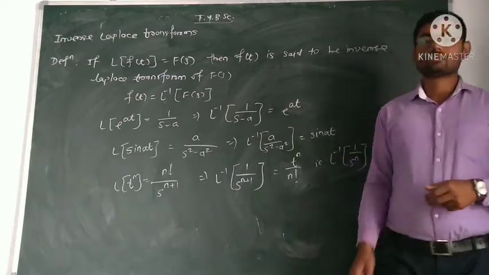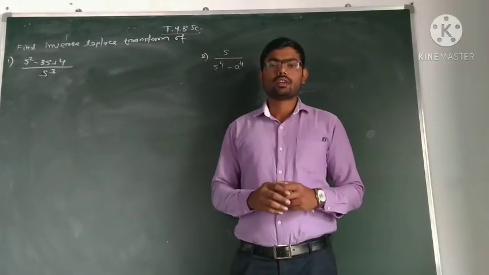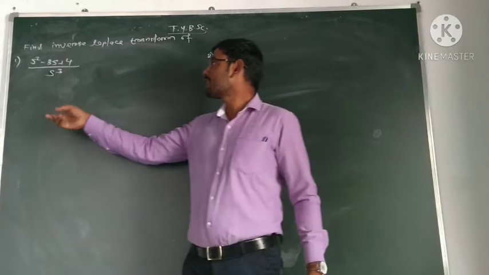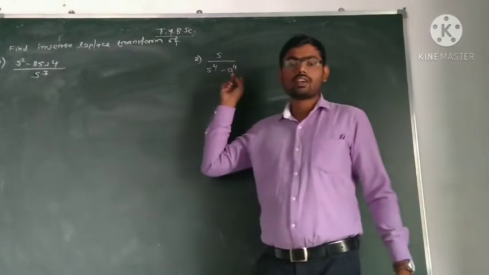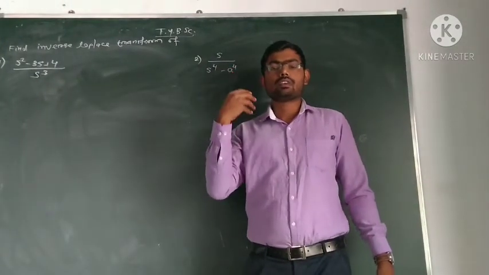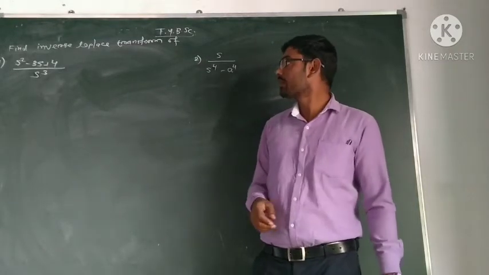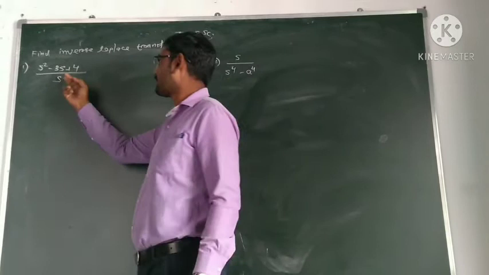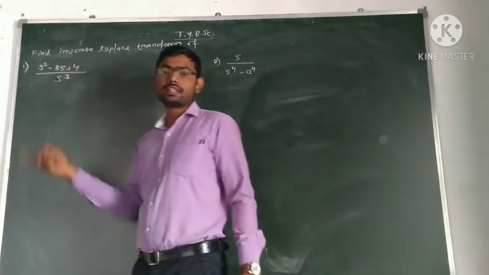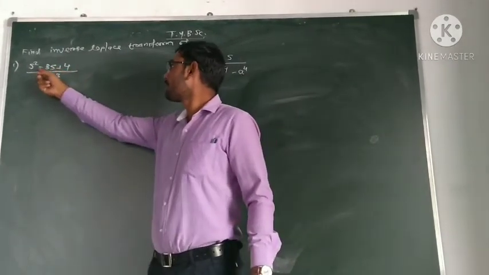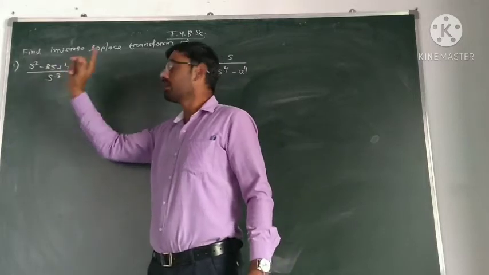Okay, now friends, we will find the inverse Laplace transform of these two functions using our known formulae of Laplace transforms of elementary functions. Okay. Now we will first find the inverse Laplace transform of this function, s square minus 3s plus 4 upon s cube.